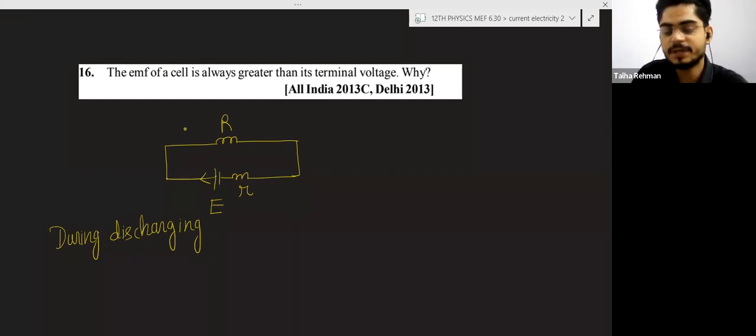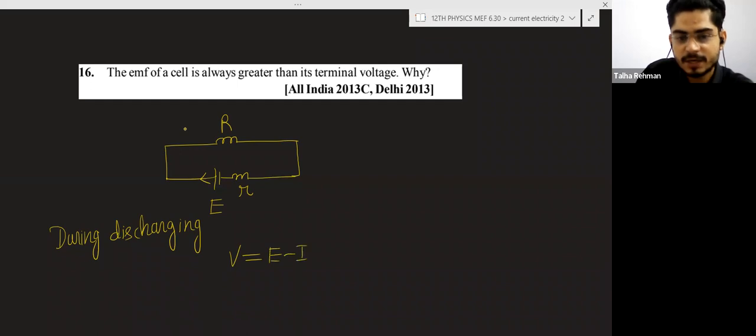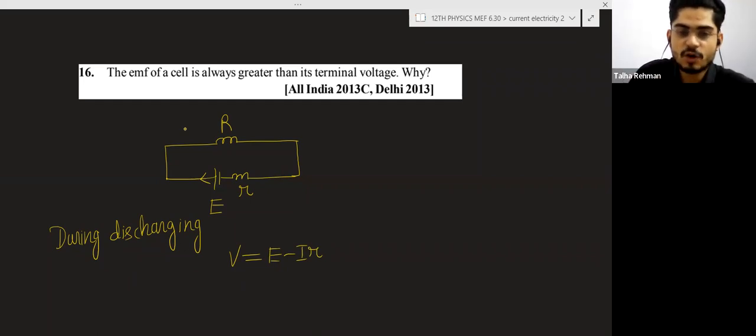So for the terminal potential or terminal voltage, V is equal to E minus IR. Some of the voltage is wasted across the internal resistance of the cell. That is why the EMF of the cell is greater than its terminal voltage.